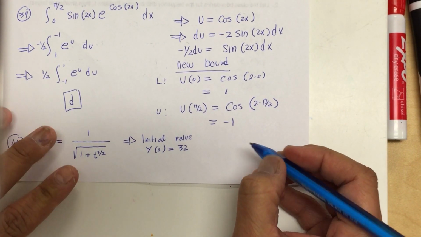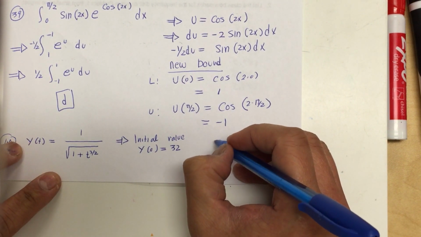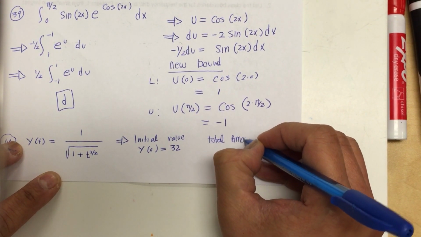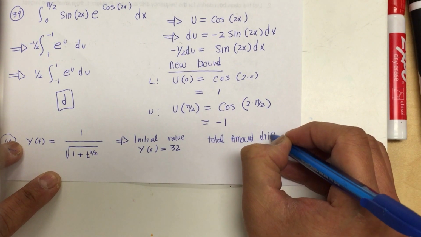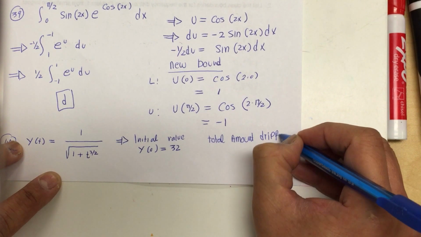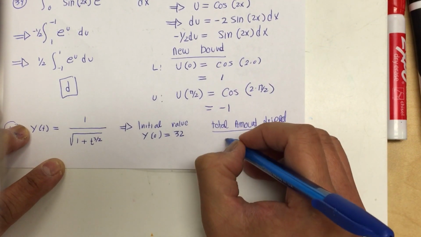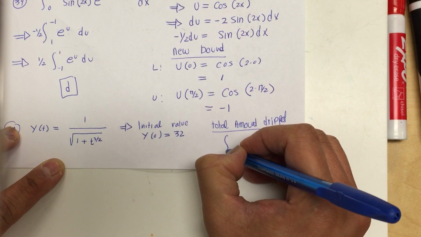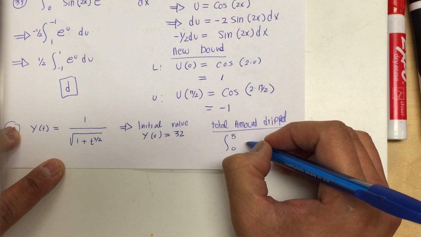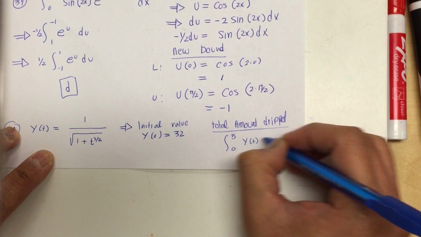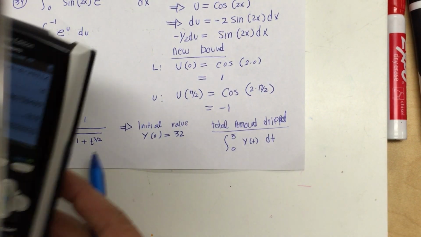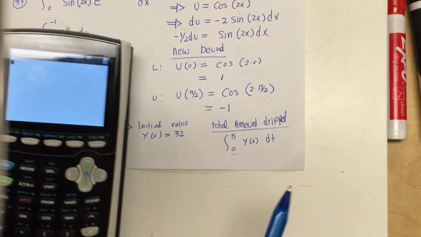So first of all, we need to find the total amount that has been removed from the bottle. That's found by taking the integral from 0 to 5, because it's 5 minutes, of this function, and that will tell us the amount of shampoo that has been removed from the bottle. We're going to use a calculator to do that. So here it is.